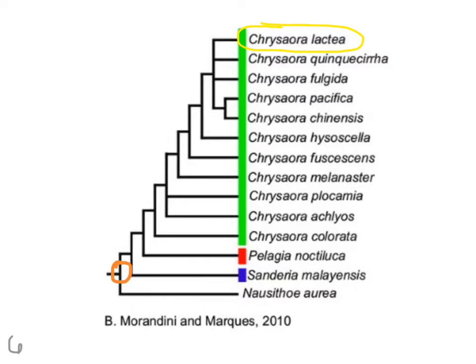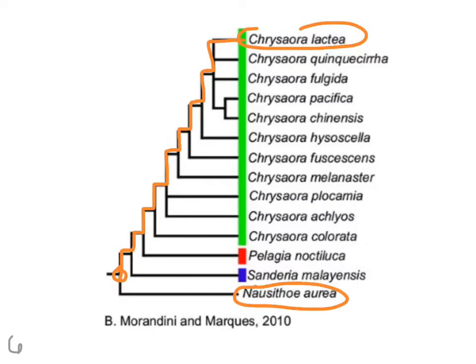To find the point where those lines converge, you have to follow this one way, way, way back. Whoops, scratch that. I got all excited and was looking for the common ancestor of Chrysora lactea and Nassithorhea. Whew, that's the most distant relationship here.